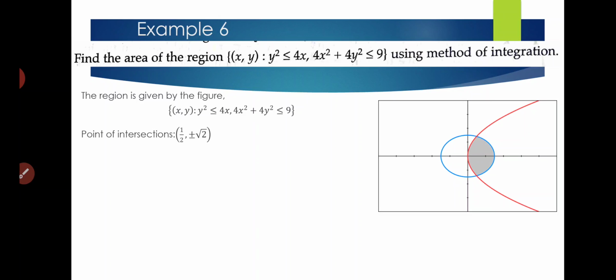Now obviously the circle has a radius of 3 by 2, that is 1.5. So our integration will be from 0 to half and from half to 3 by 2. This is basically what the integration looks like.